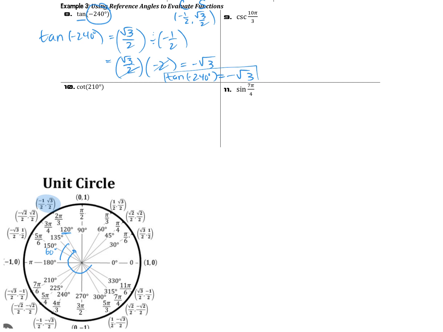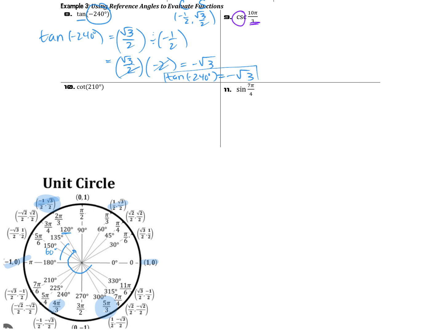All right, number 9. Now we're looking for only cosecant, and we're looking for the point that corresponds to the angle 10 pi over 3. Now 10 pi over 3 isn't on the unit circle, so we have to figure out where it would be. Well, we know this is 5 pi over 3, so this would be 6 pi over 3, 7, 8, 9, 10.